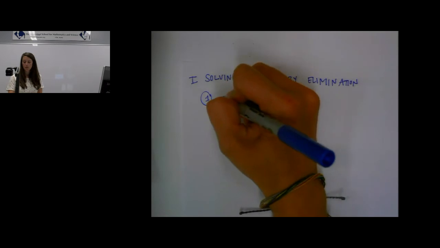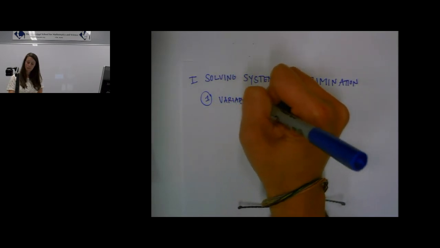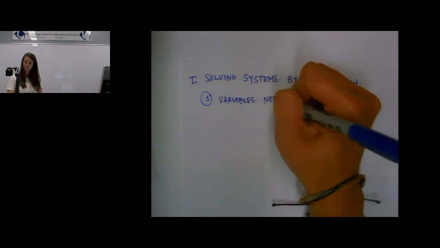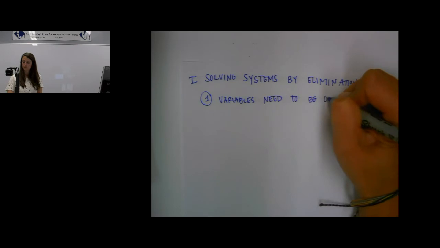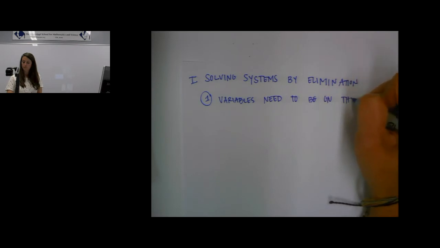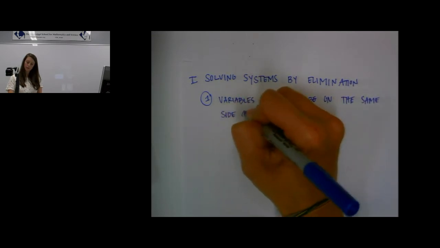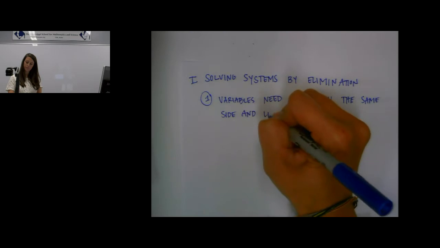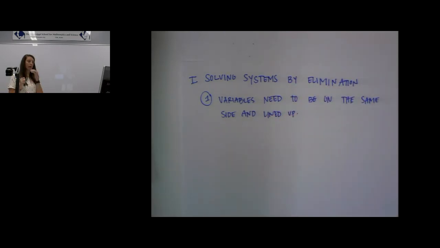So variables need to be on the same side and lined up. Make sure they're in the right line.